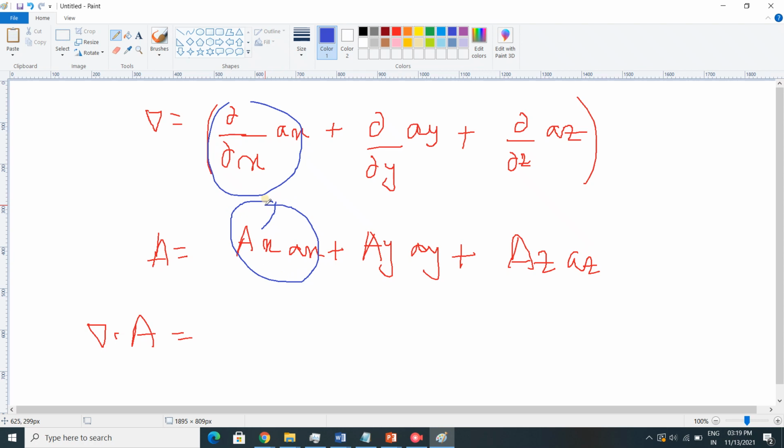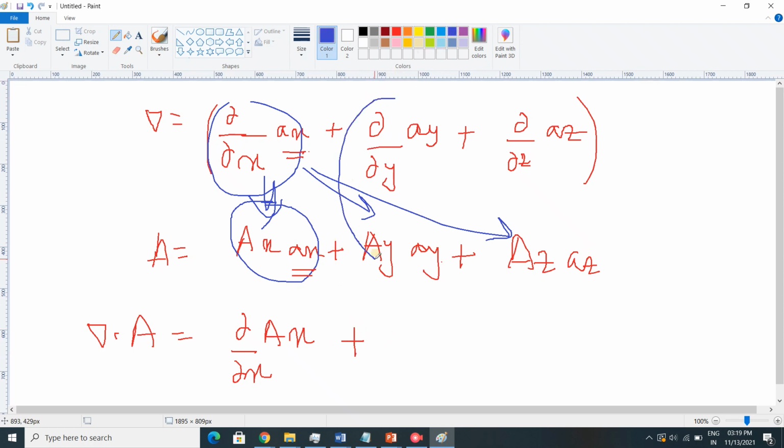This particular term will be multiplied with this one, and when it is multiplied with the other terms, it will be 0. So only this will be multiplied. So you will get del x of ax, and unit vector x dot unit vector x will give you 1, and unit vector x dot unit vector y will give you 0. So that is why all the others are 0.